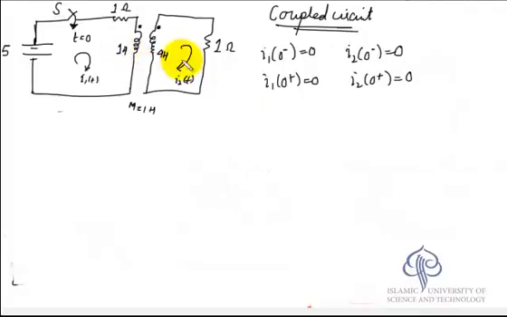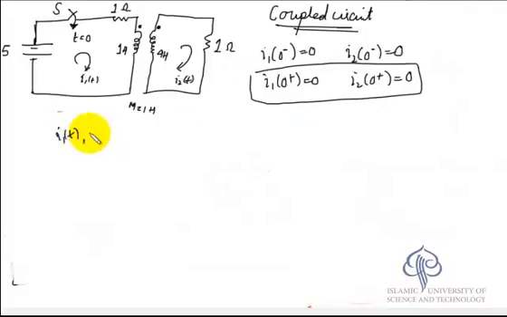There are inductors in the primary side and the secondary side, and there are no impulses. So two initial conditions we already have. We want to see the profile of the currents I1(t) and I2(t) for t greater than 0, that is to say after the switch has been closed.